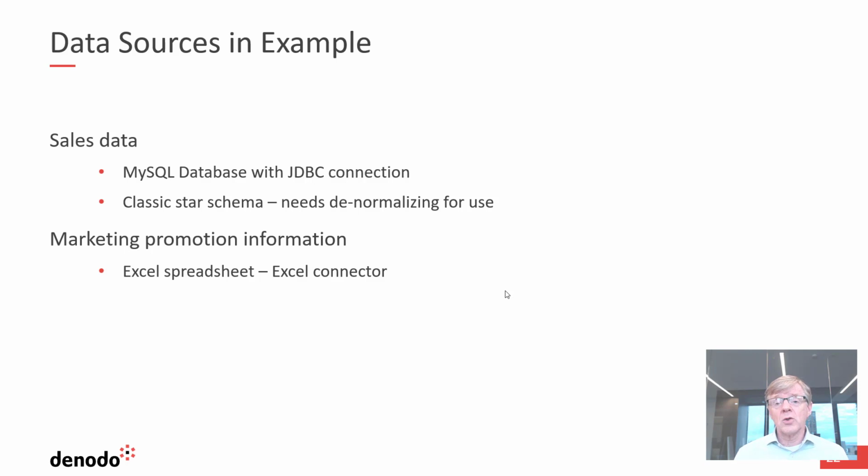And then we'll go and denormalize that, and we'll have a single view that represents the sales data. Our marketing promotion information is in an Excel spreadsheet. So we will connect to that Excel spreadsheet, and we will then be able to read the data from that Excel spreadsheet through a base view and then integrate that with the sales data.